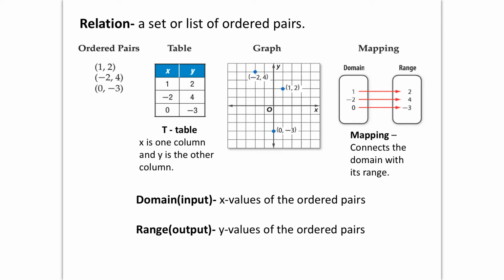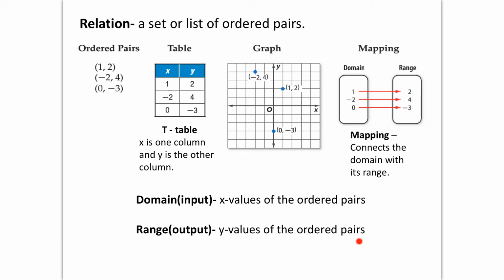Now, what are the domain and range? Let's look down here. Domain is the x values of the ordered pairs. When you look at the tables, the x values right here, or the x coordinates, are called the domain. Another word that we use is input, which means that when you have an input of 1, there's going to be an output, and that output is the y value, and the y values of the ordered pairs are called the range.